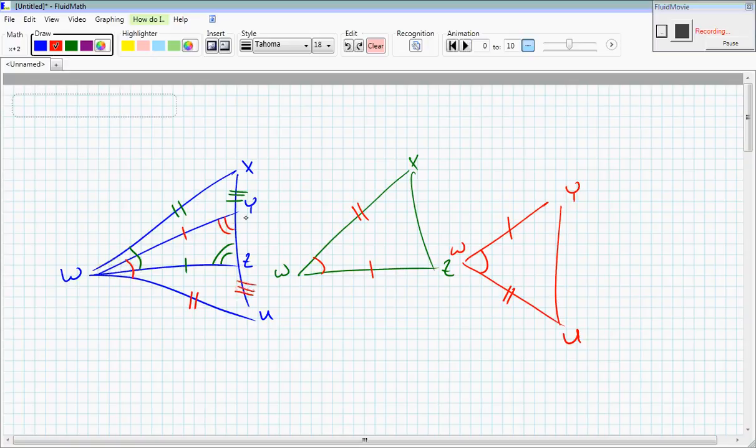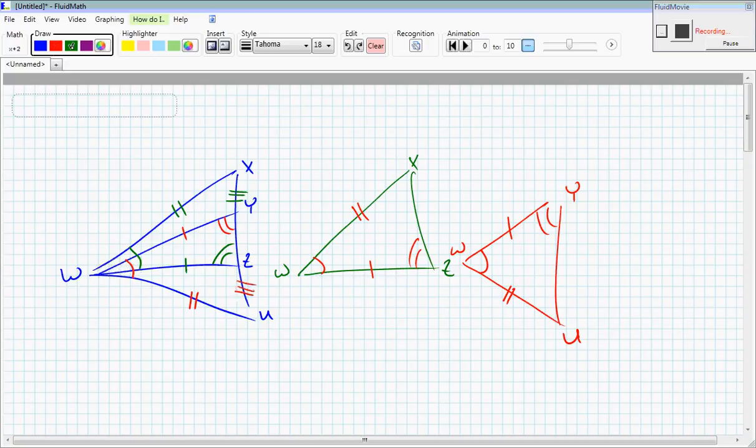We also see here that angle Y, which would be WYZ or WYU, is congruent to angle Z, or XZW or WZX. So right now, by the definition of congruency, remember, we need to prove that all corresponding angles and all corresponding sides are congruent. And right now, we have 4 of the 6 that we need.